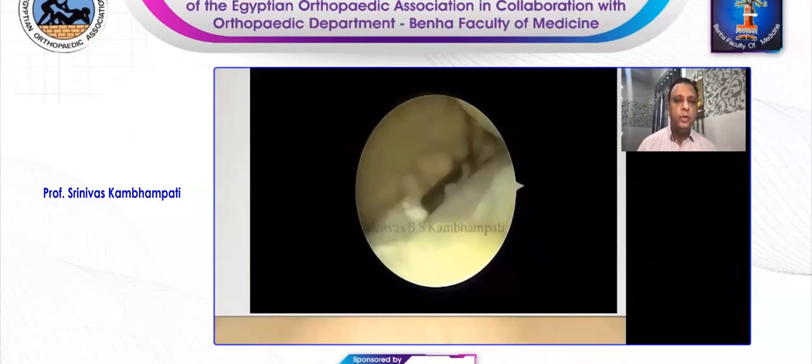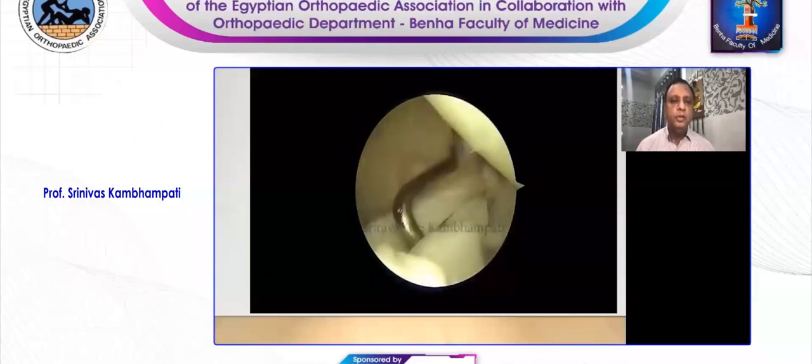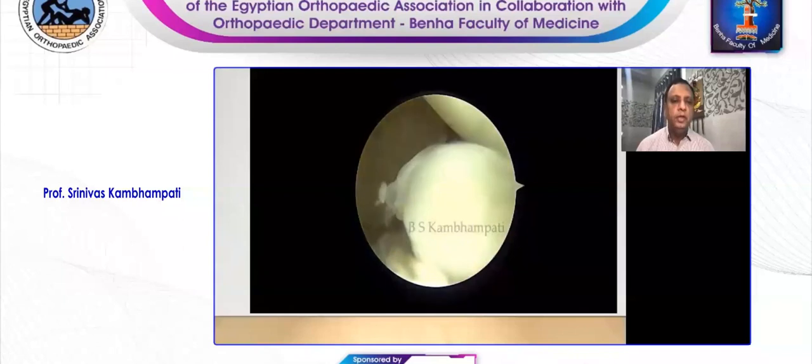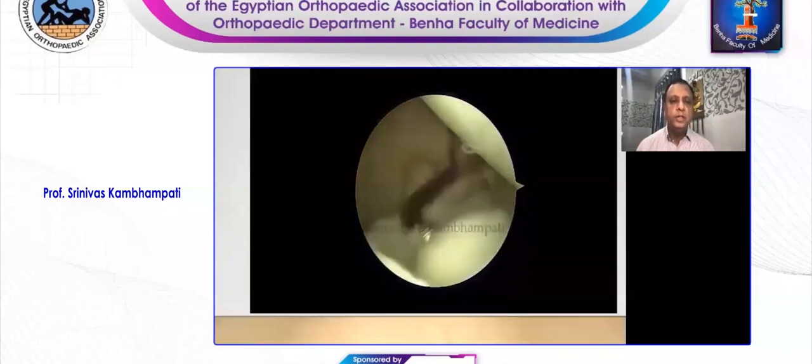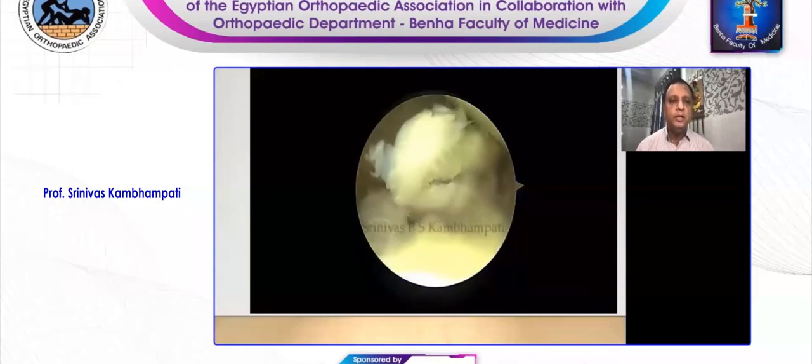Through a posteromedial portal, the ramp was explored. We can see there's a tissue within the ramp, which looks like possible meniscus and osteochondral fragments. They're all adherent, and the morphology has changed.